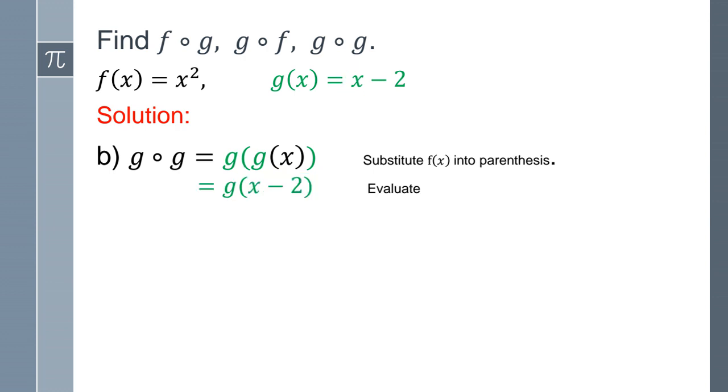I plugged in x minus 2 inside the x. That's what we have, x minus 2 minus 2, which will give us x minus 4. The composite g of g will give us x minus 4.